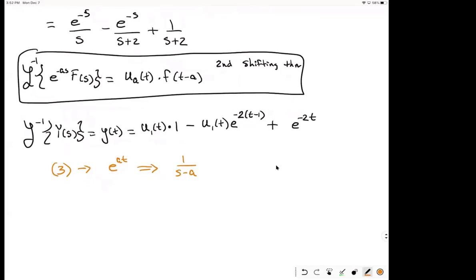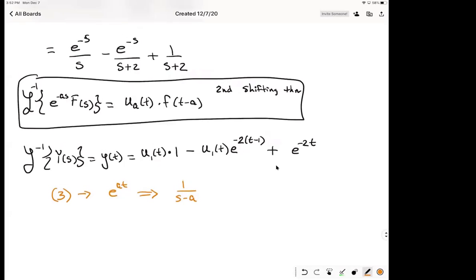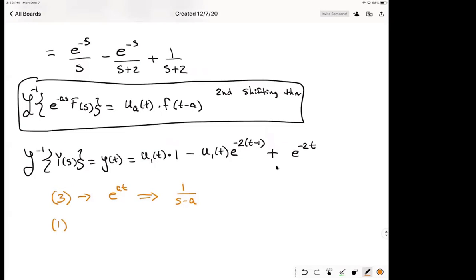Also number 1 on your chart has 1 transforms to 1 over s.